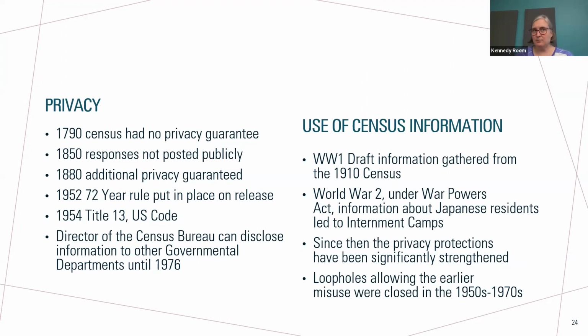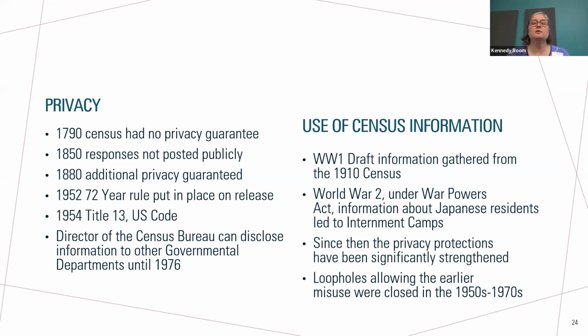This is how we ended up with a couple of situations in the first half of the 20th century that, I don't really argue with them using the 1910 census as a basis for the first draft information for World War I to kind of figure out who was approximately the right age male. Okay, it's a little bit of an overreach, but not a huge overreach.